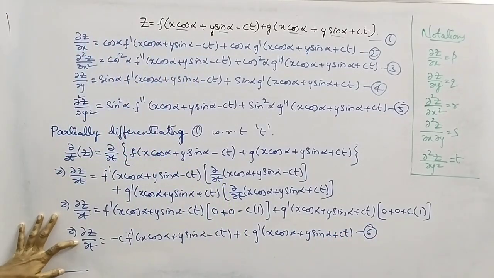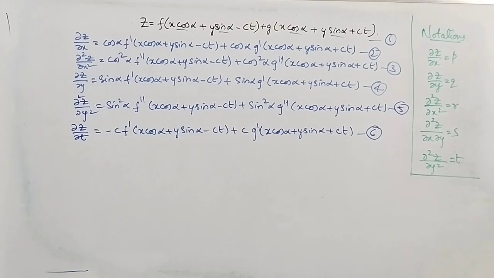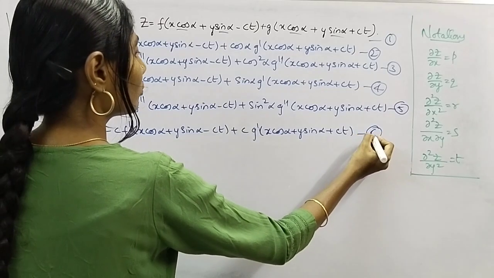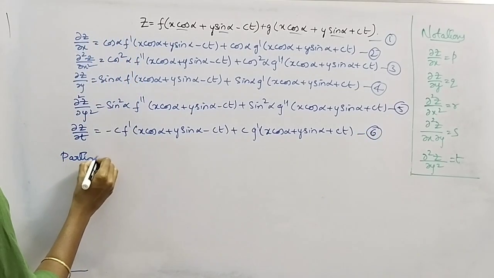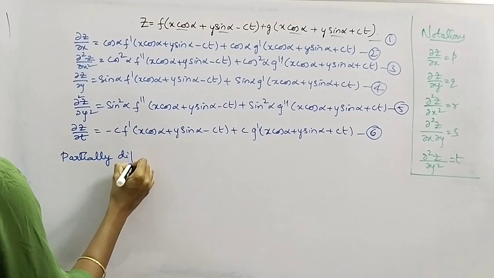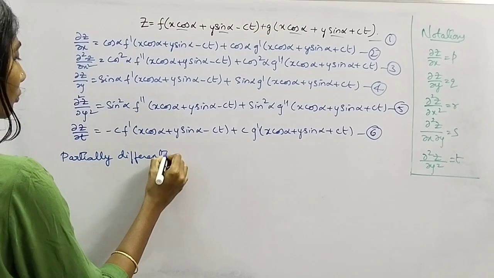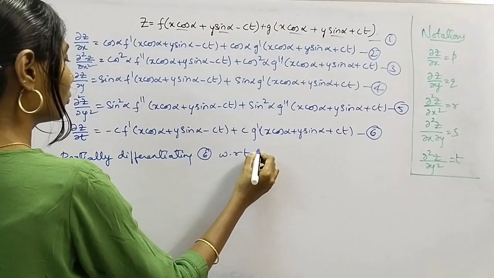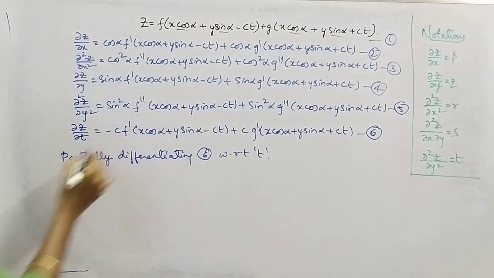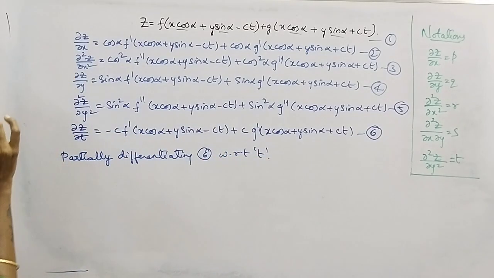Now let's partially differentiate equation 6 with respect to t so that you'll get the second derivative of z with respect to t. Partially differentiating 6 with respect to t, just apply ∂/∂t on both sides of the equation, or you can just do it directly.